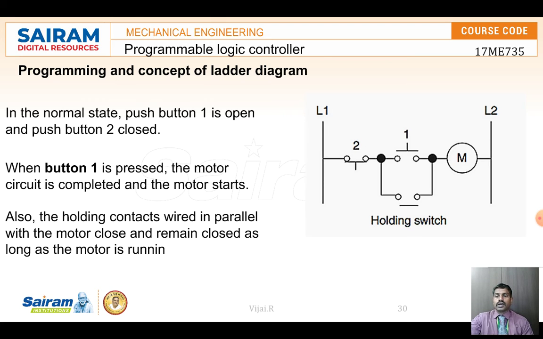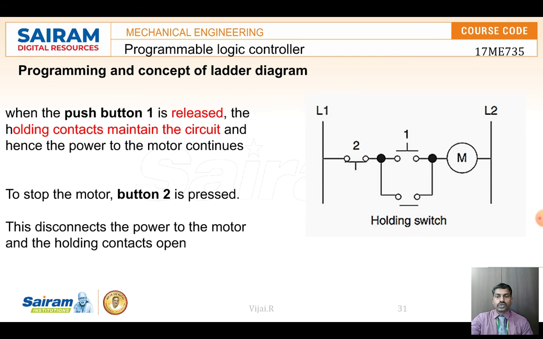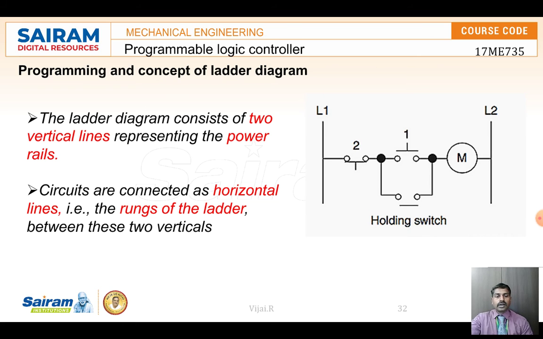And when button 2 is pressed, it is disconnected, and the holding switch also. Since the holding contact is open and the power is disconnected through 2 and the holding switch, the motor will not work. That is how a simple ladder diagram for a motor looks here.